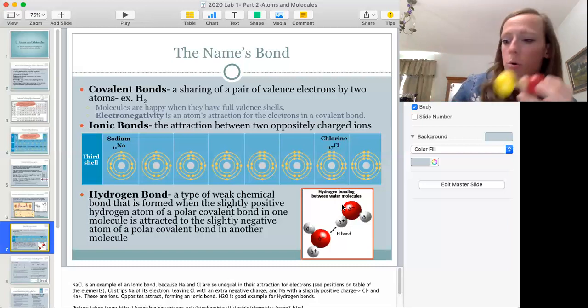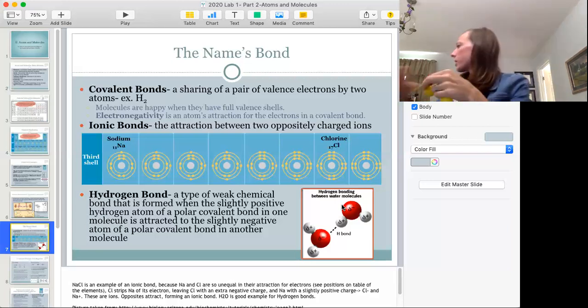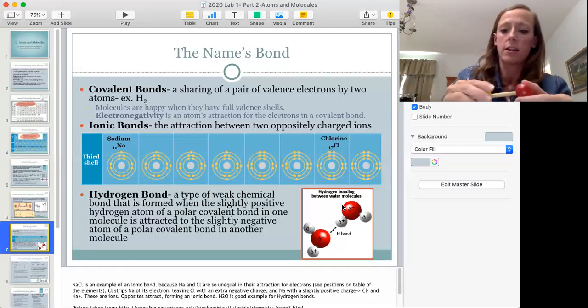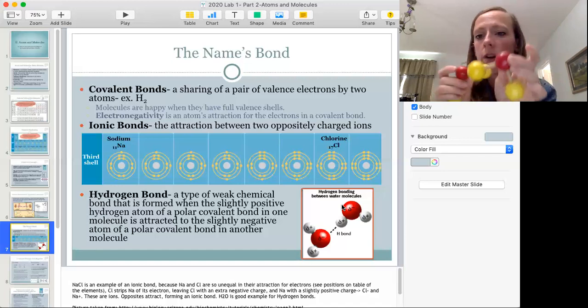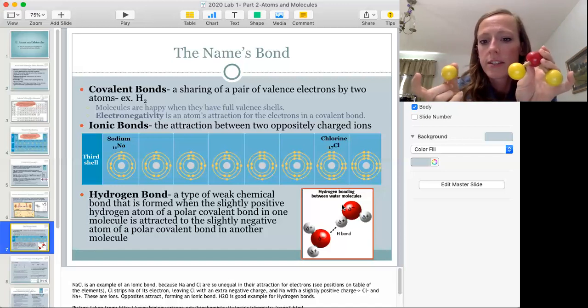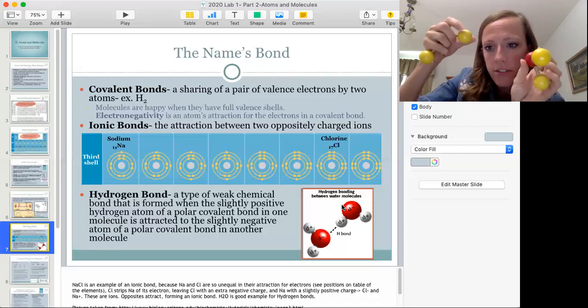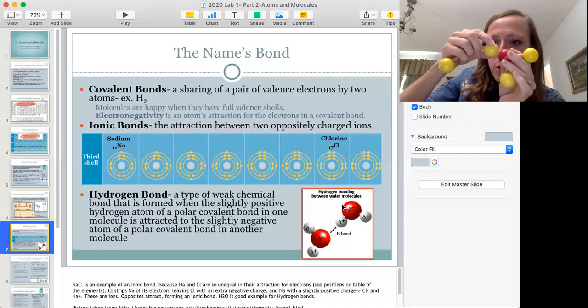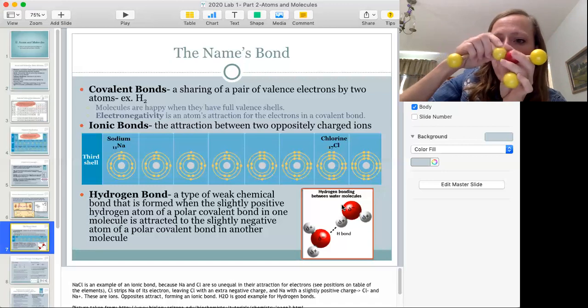Okay, so then when you have more than 1 of those floating around, in space, you've got a slightly negative charge associated with this oxygen and a slightly positive charge associated with this hydrogen. And so that's going to attract. So you've got multiple molecules.